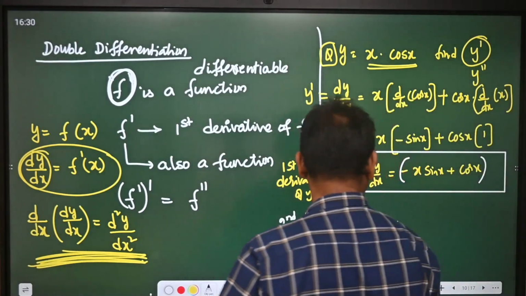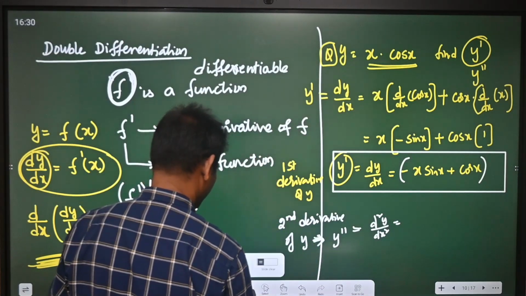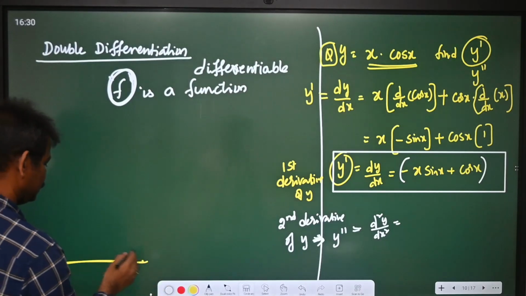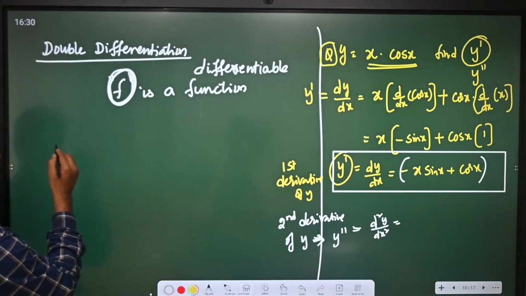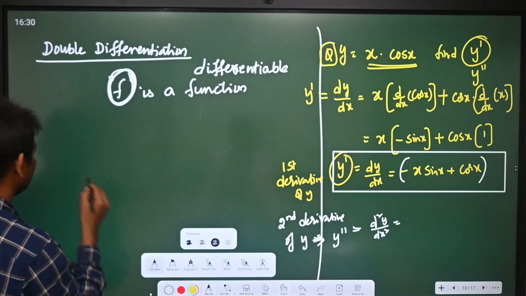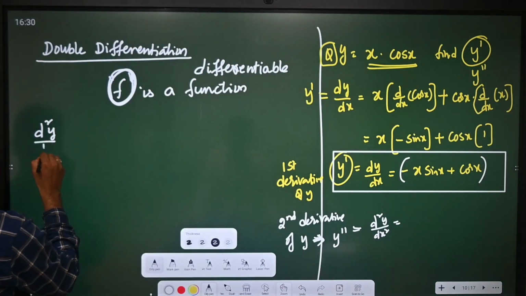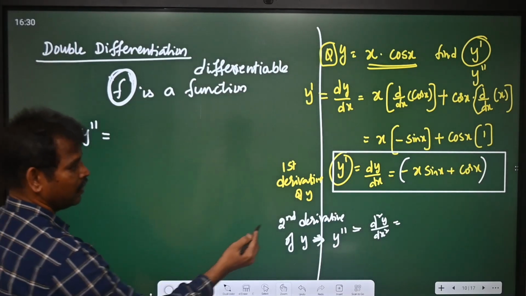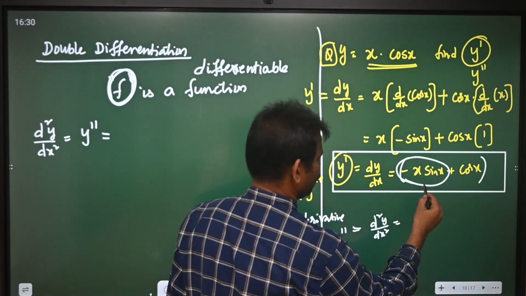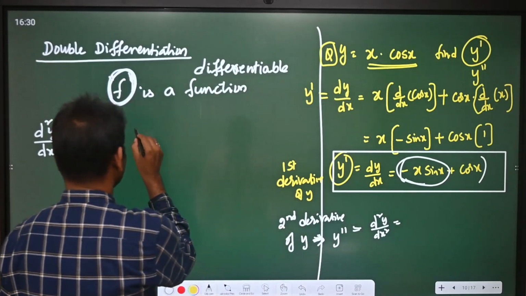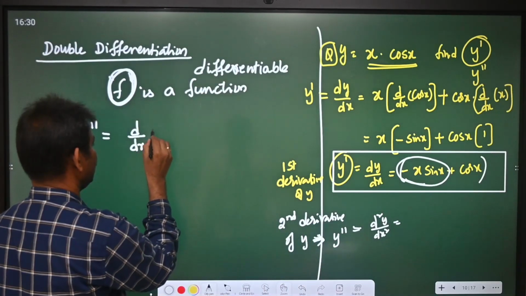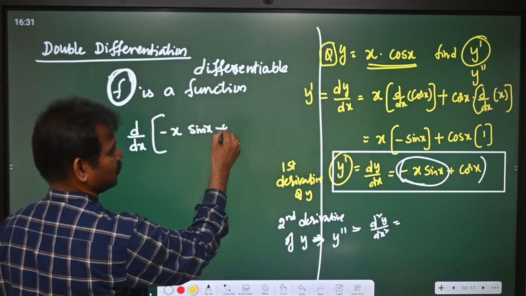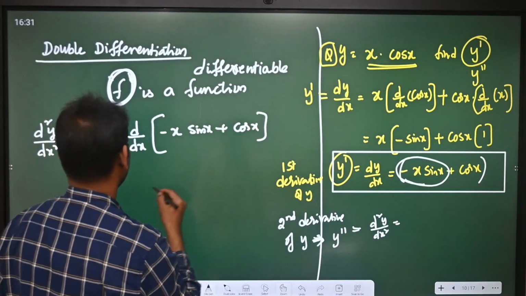So for the second derivative, I am going to write d square y by dx square, which is also written as y double prime. Here you can see this is a product plus this is a product. So I can write d by dx of that function, minus x sin x plus cos x.